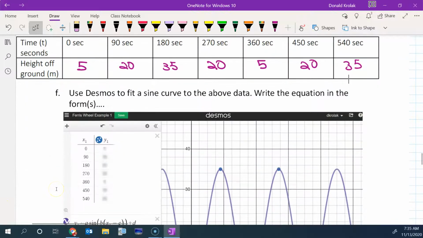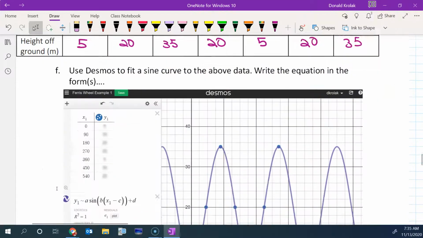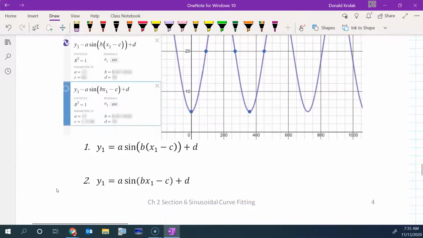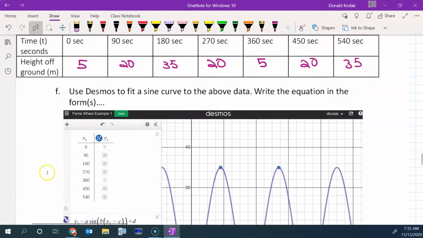But before we do that, we're going to predict what some of the values are going to be before we let the calculator do it.